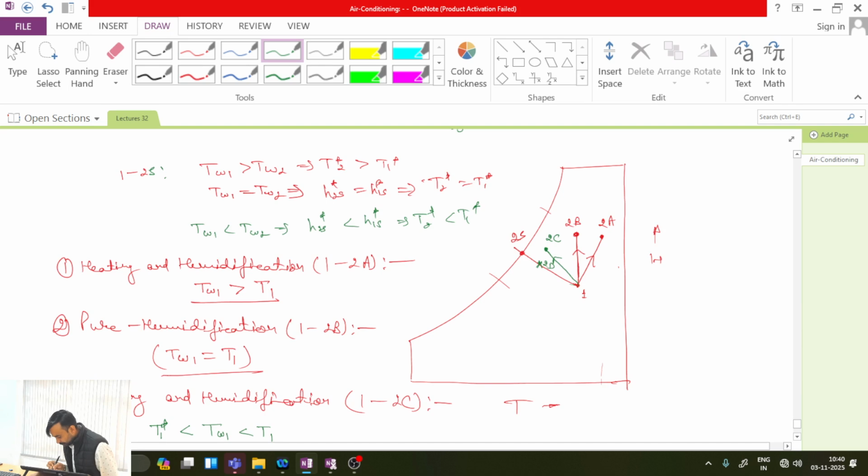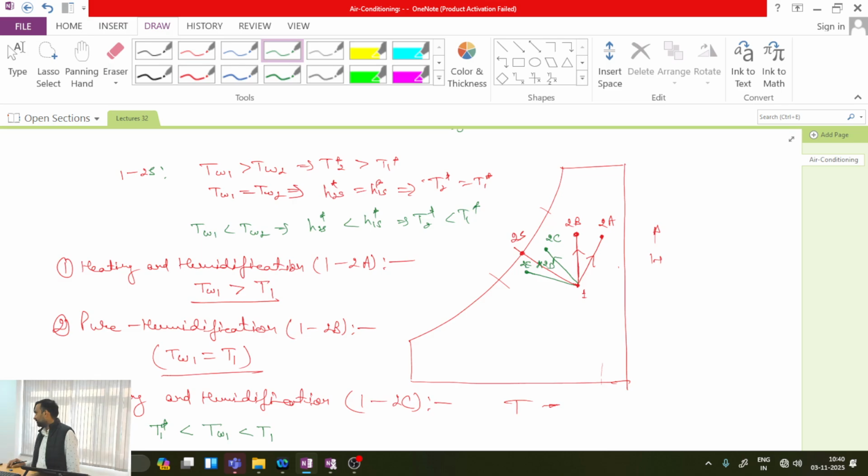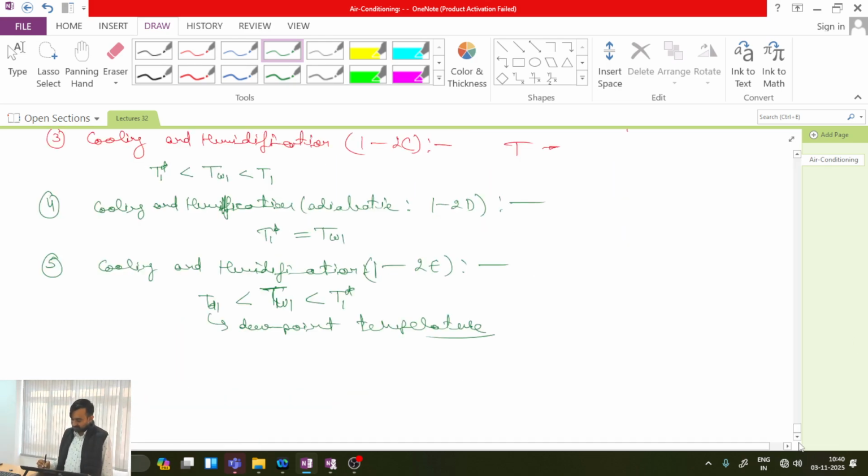So the process will be something like this. This will be process 1 to 2. Is this one clear? You have to understand that all these points are conceptually very strong. By just controlling the temperatures you can achieve all these different processes. Next process.